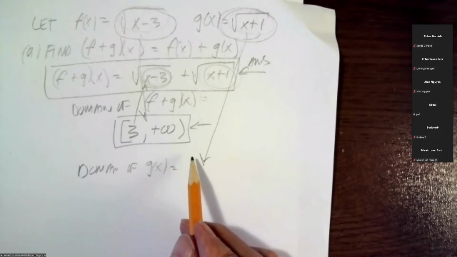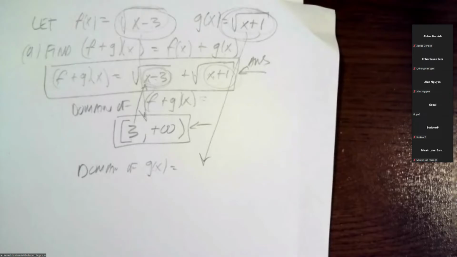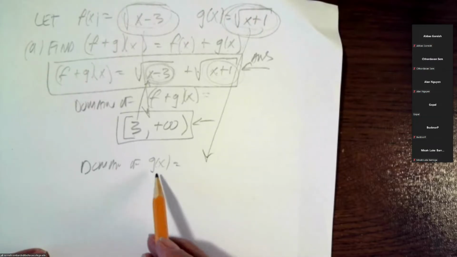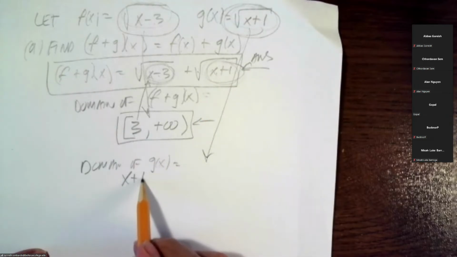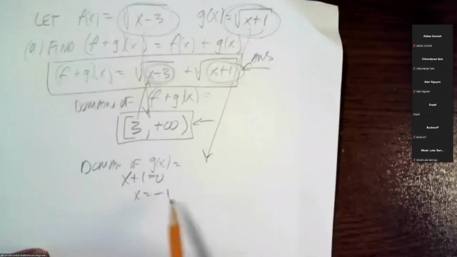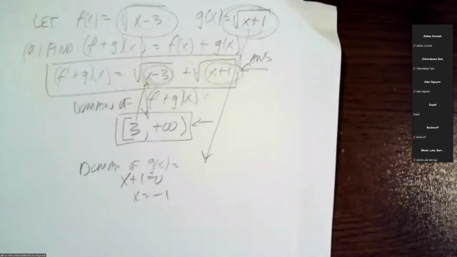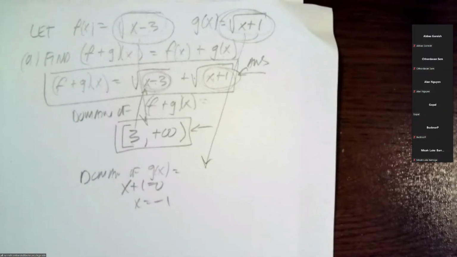Similar to how we did for the square root of x minus 3, you set the radicand expression, x plus 1, equal to 0 and solve for x, and get x equals -1. So the domain has to be -1 or greater.